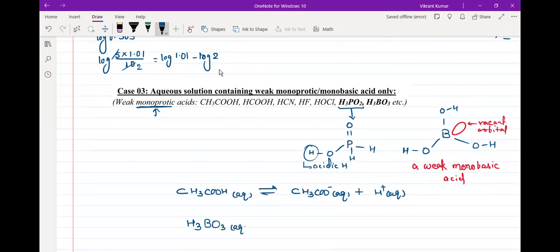What we write, one H2O on this side and then we show it like it will be capturing OH minus from water and that's how it will be forming this thing. ऐसा कुछ बना लेगा aqueous and then it will release H plus. Okay, so actually it is capturing OH minus. As a result one H plus is being released and that's why it is a weak monobasic acid है ना.